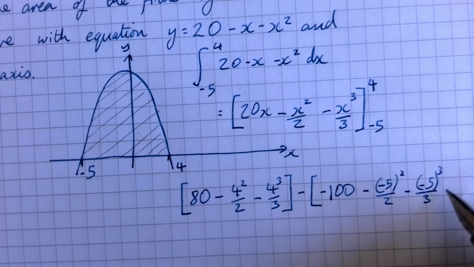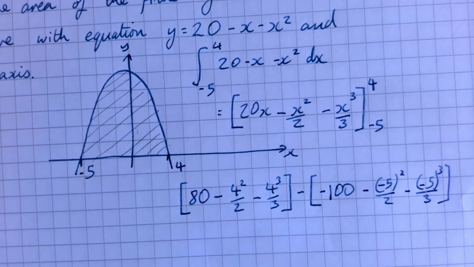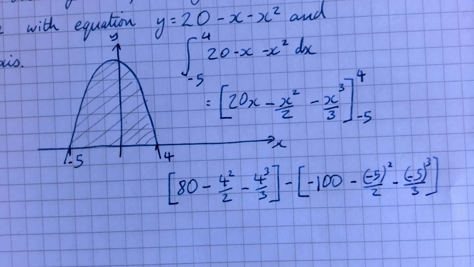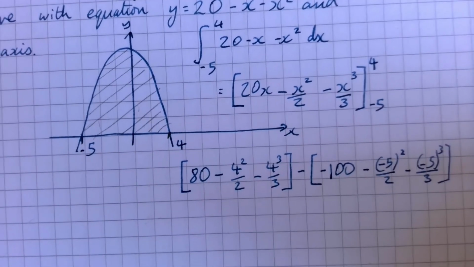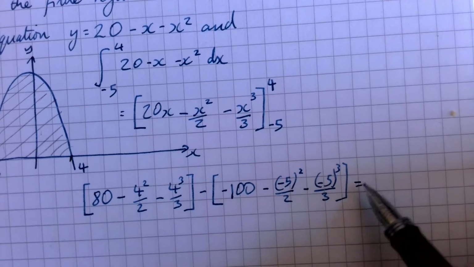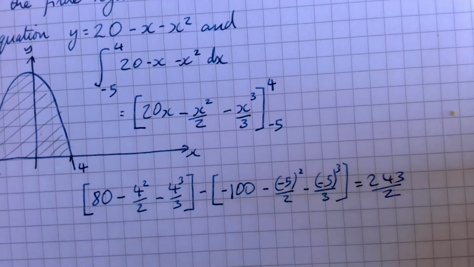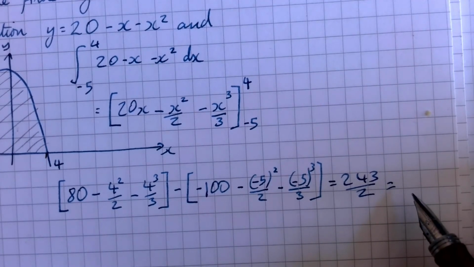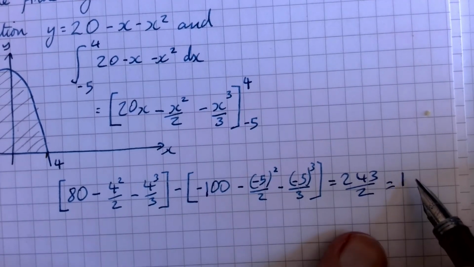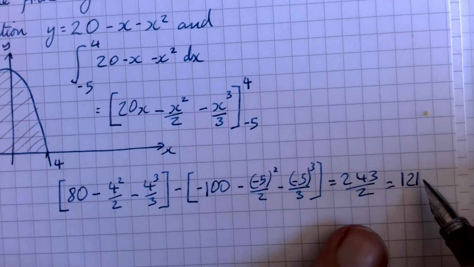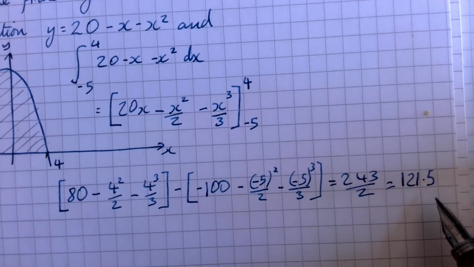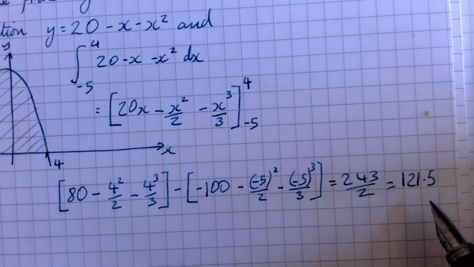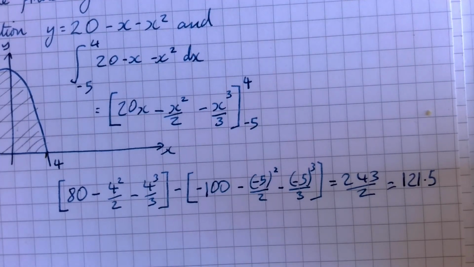So be very careful about how you put that in the calculator, or you can work it out, and that should give you 243 over 2, or 121.5, isn't it? Yeah. And you don't normally have to give the units, but it would be units squared as well, wouldn't it? Okay, and that is the only example for today.